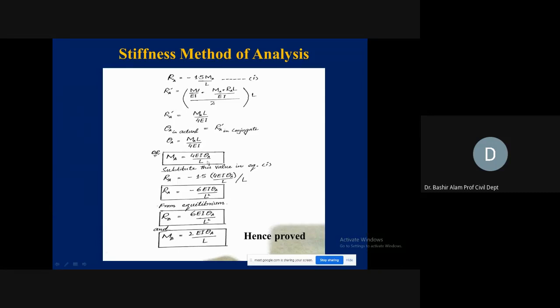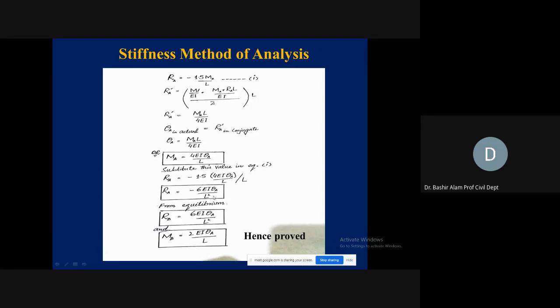Now we substitute this MA value in equation 1. So RA will become equal to minus 6EI theta A divided by L square. So in the actual structure, we found out the reaction also, which is minus, meaning it is in the downward direction.